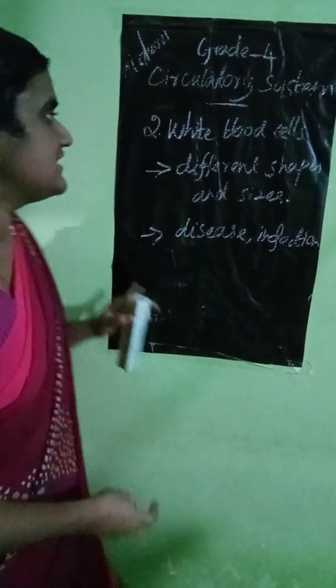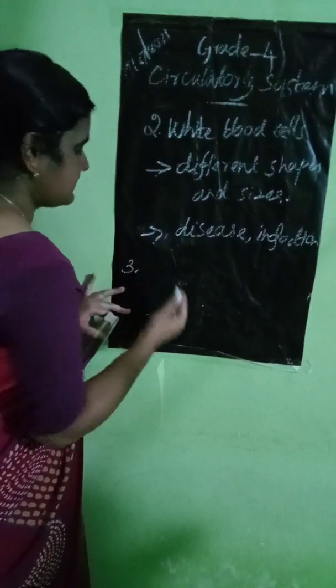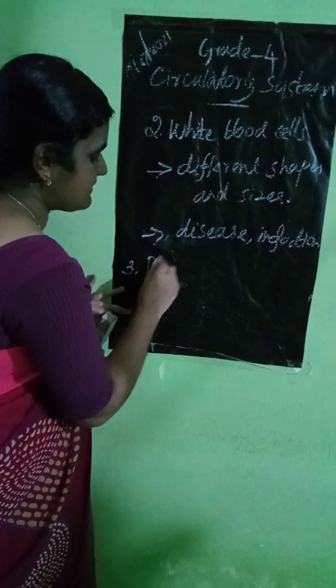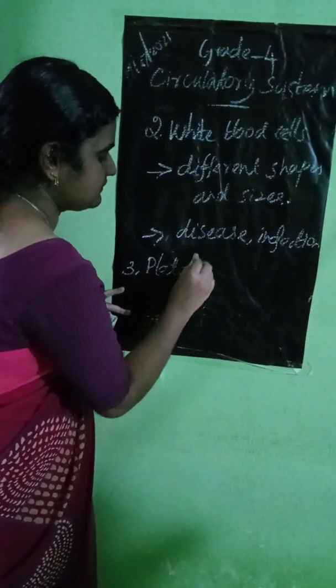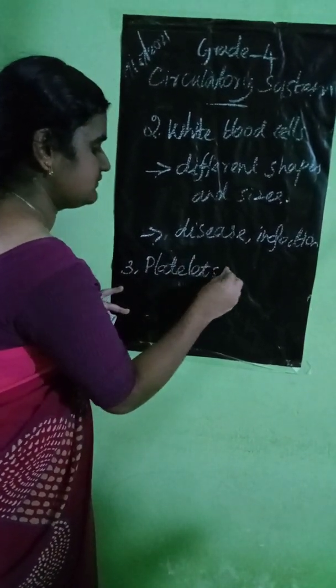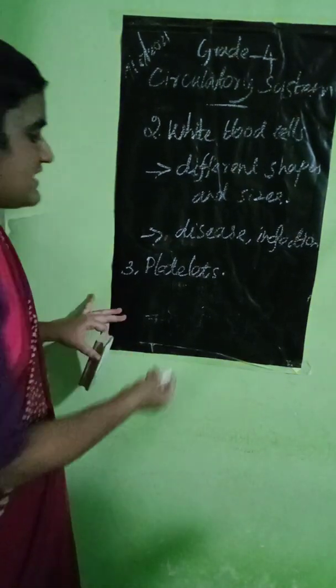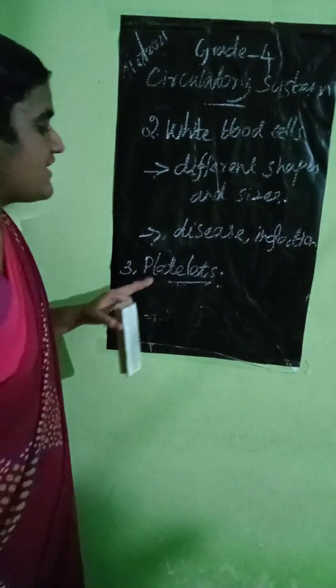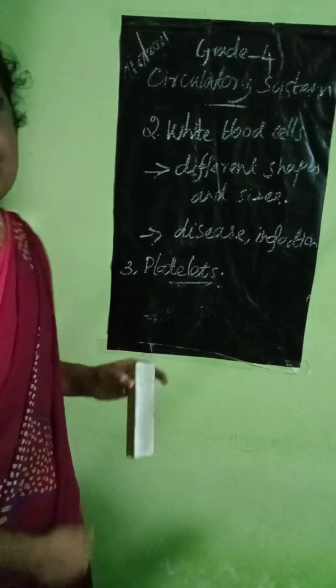Okay, so the third one is platelets. Platelets are tiny blood cells.